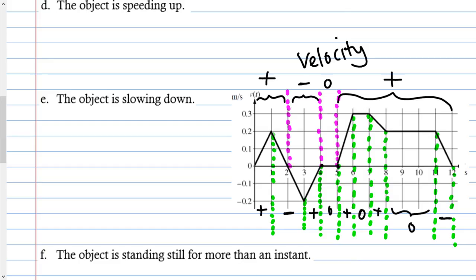Okay, so for D, speeding up. For speeding up, it has to be the same sign. Here we have positive, but down here we also have positive, right? So from 0 to 1, they're the same sign. From 1 to 2, velocity is positive, but acceleration is negative all the way until 3.